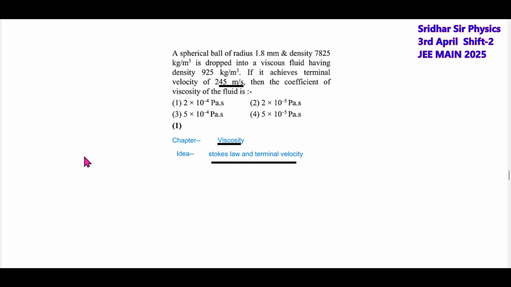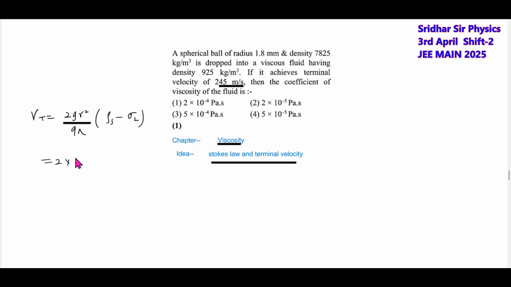So what is the direct formula for terminal velocity? You should remember this formula: 2 g r square by 9 eta, times the density of the solid minus the density of the liquid.